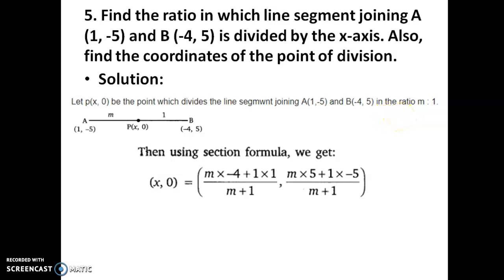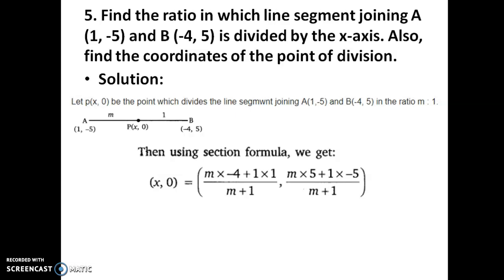In any way you can write, as we did in the previous problem. Which is dividing means the x-axis. So the point is on the x-axis, but we don't know where on the x-axis, so that's why it is written as x. And if the point is on the x-axis, then the y value is 0. That's why it is written (x, 0).